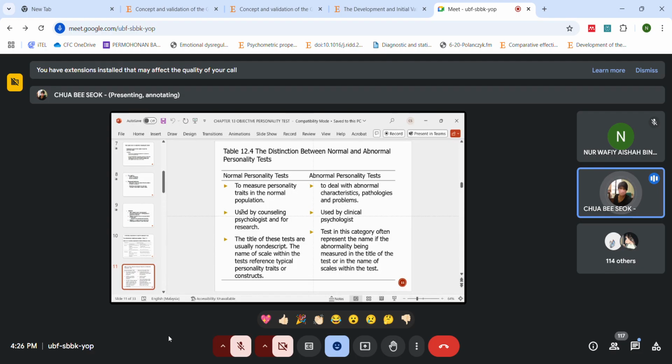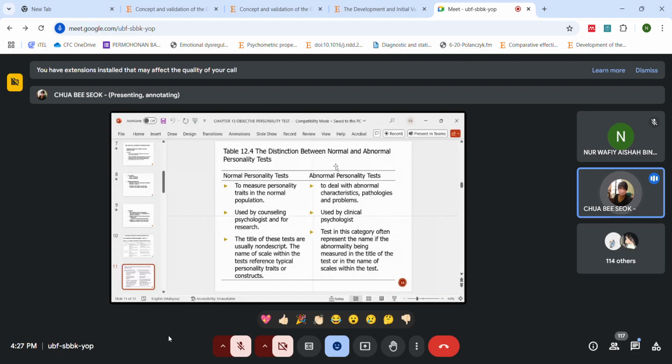Normal personality tests are normally used by counseling psychologists or in research. The titles of these tests are usually non-descriptive; the names of the scales within the test refer to personality traits or constructs.